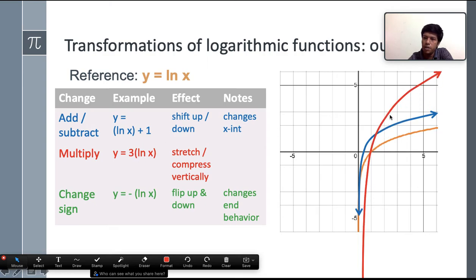For this 3, it multiplies the value by 3. That's why the graph actually goes a little up. So the relative value is now a little bit more. Suppose one of the values was here, the exact same value will be there now, because that value is multiplied by 3.